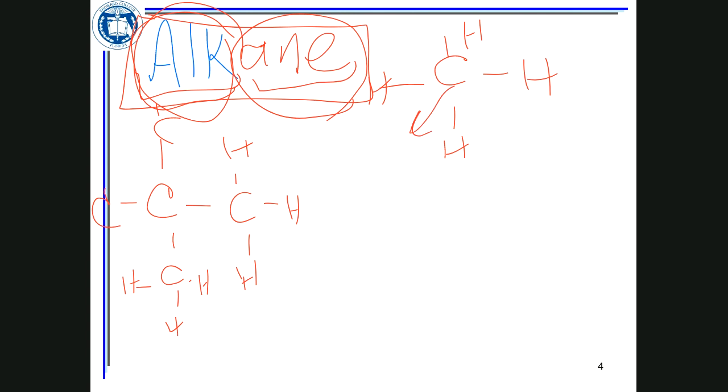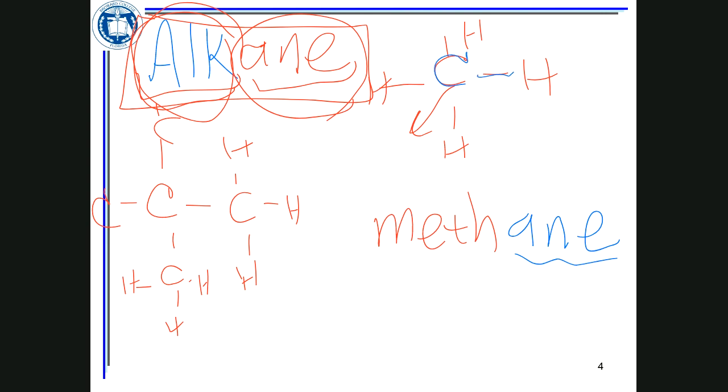If there is only one carbon, the first part of the name is going to be meth. So meth stands for one carbon, and then we have A-N-E, methane. If we have a one carbon alkane, there must be 4 hydrogens, because we already know from chapter 1 that carbon is tetravalent.